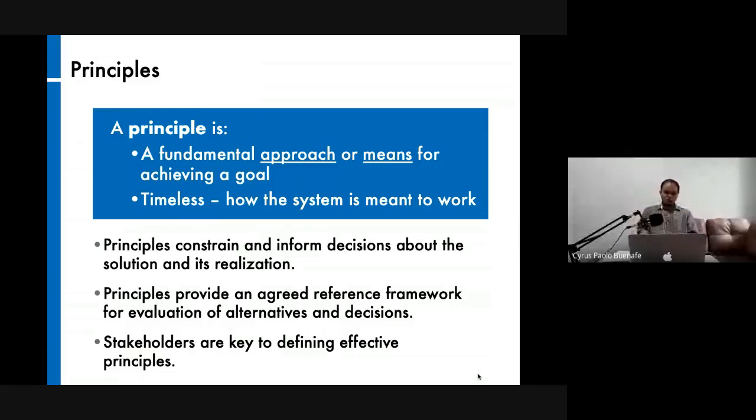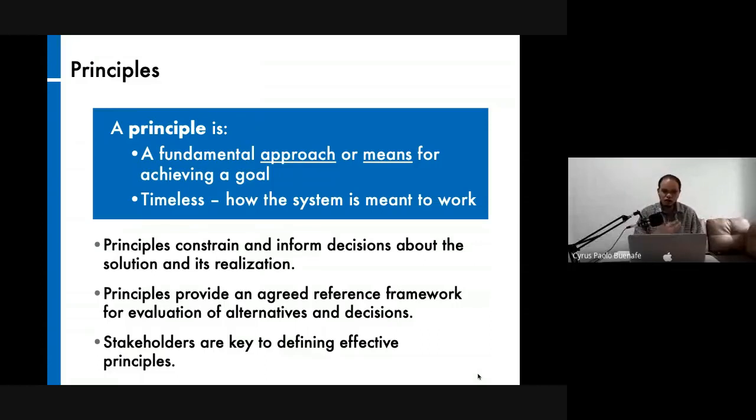Now, as you know, principles constrain and inform decisions about the solution and its realization. Well, that's because your principles are supposed to work towards a goal. Okay, and principles provide an agreed reference framework for the evaluation of alternatives and decisions.